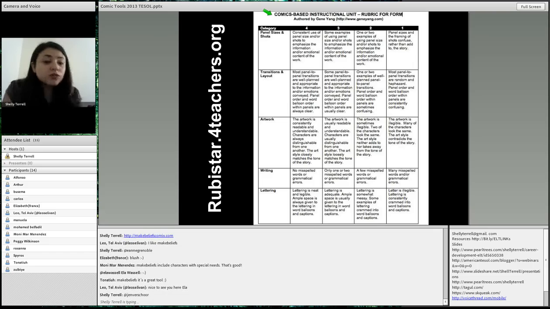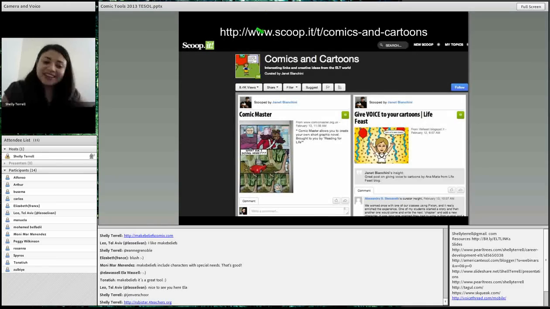It works well for assessment because a lot of times teachers say, well, that's all nice and it's great, but how am I going to grade that? Well, now you have a great tool to grade it with, thanks to Jennifer. There are also lots of free rubrics there, and you can manipulate them as well.